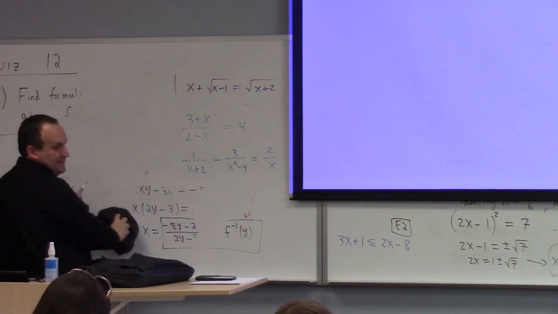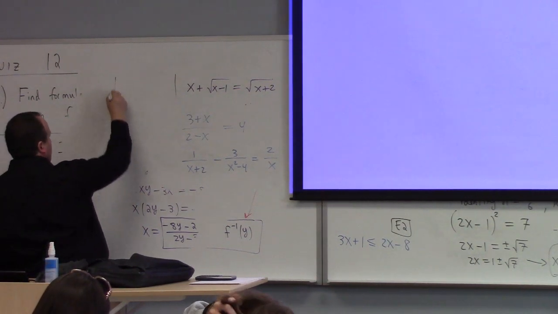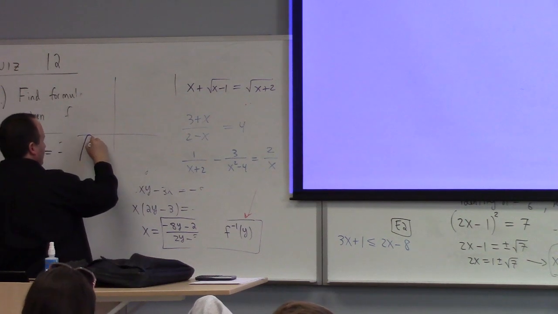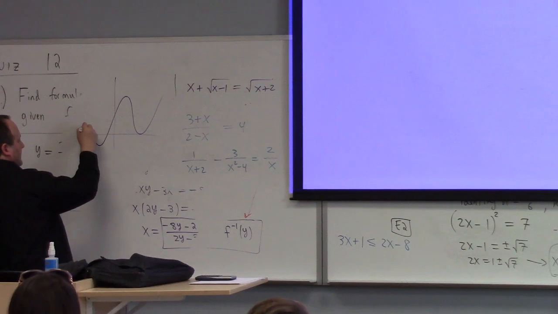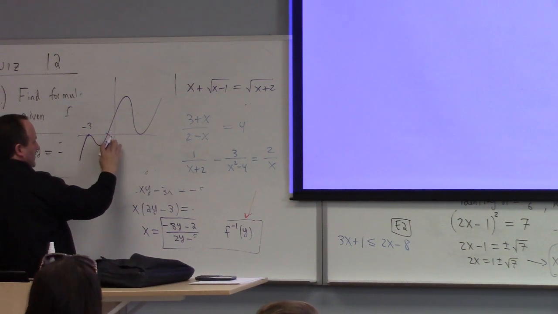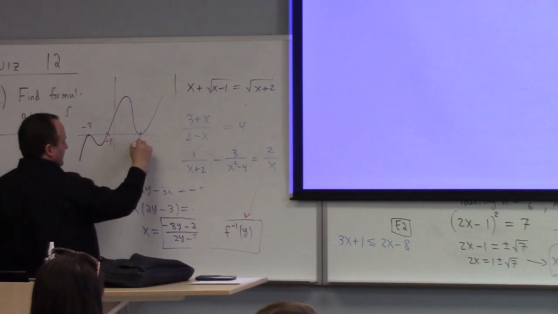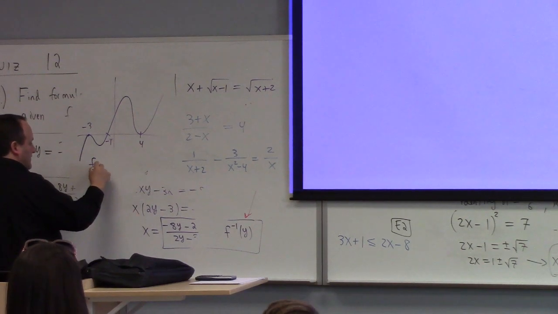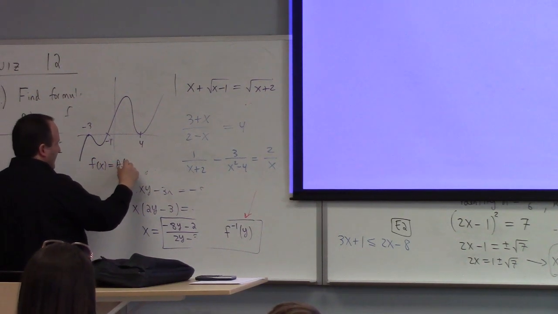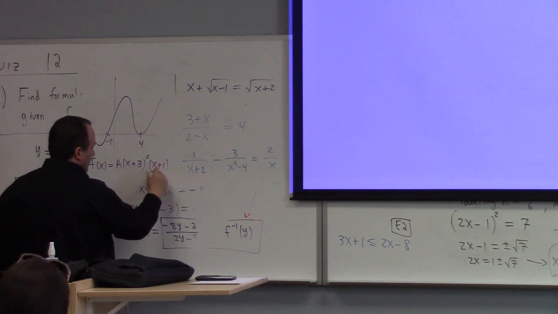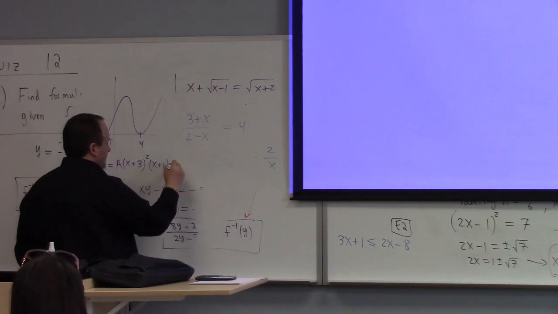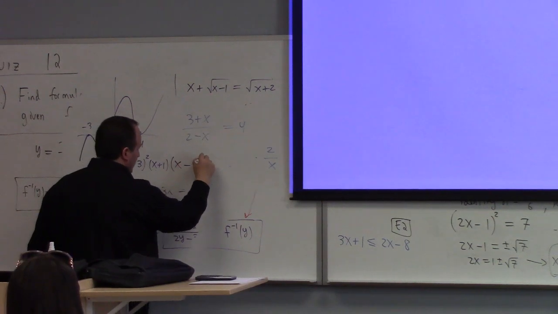So here, let me just make up one. If my graph looks like this, bounce, cross, bounce, and this is at -3, this is at -1, and this is at 4, a formula for this would look something like a times (x plus 3) quantity squared, times (x plus 1), times (x minus 4) squared.